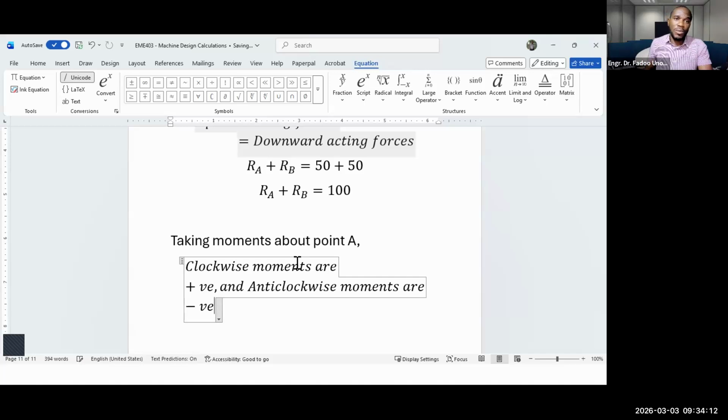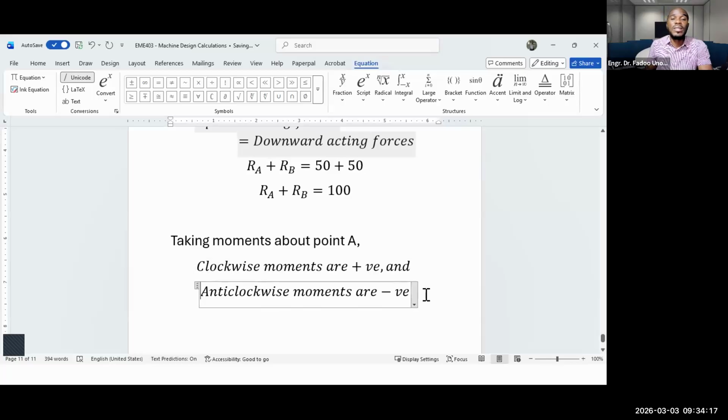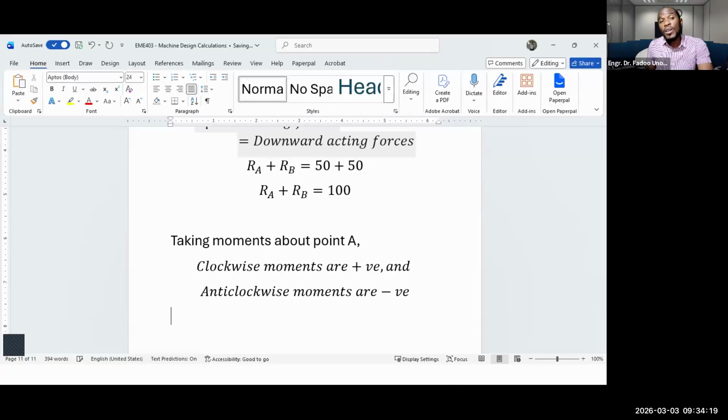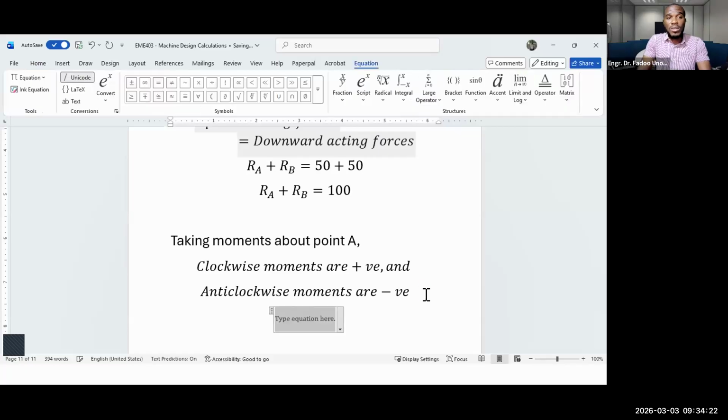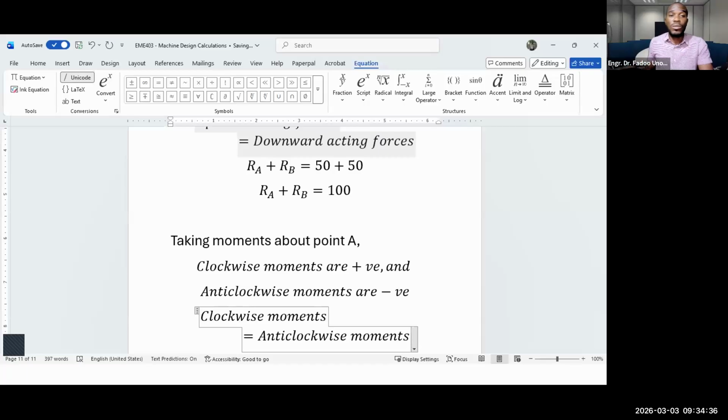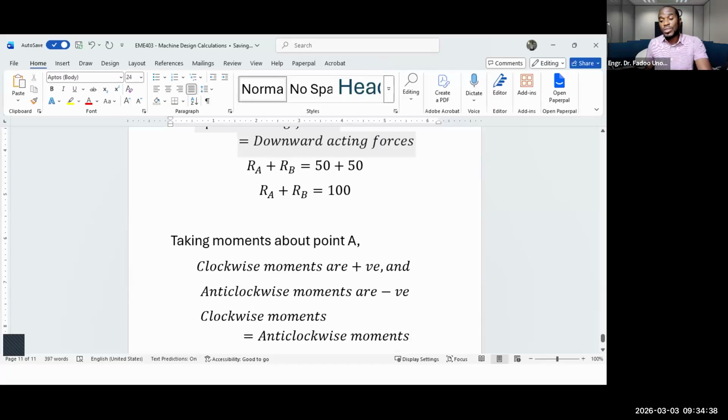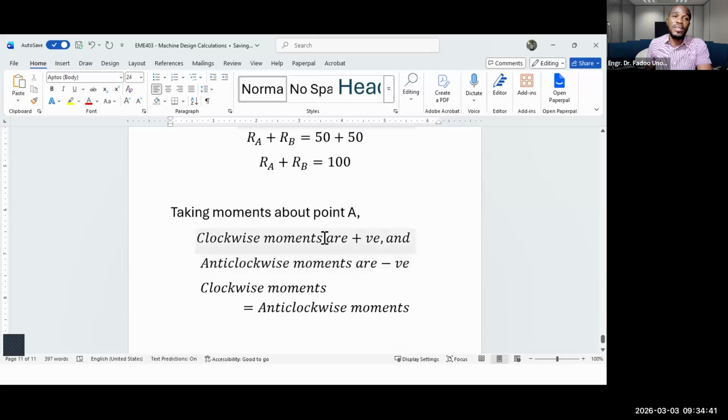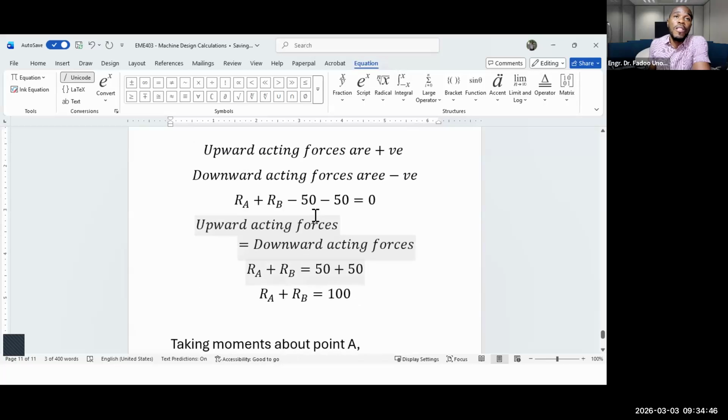Or you could as well just simply say clockwise moments must equal anti-clockwise moments. Okay, so in that way you just need to arrange them, but let's use the first one to get our equation.